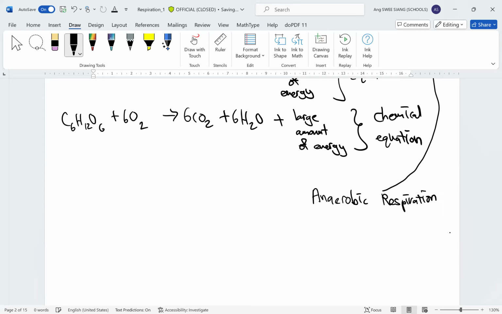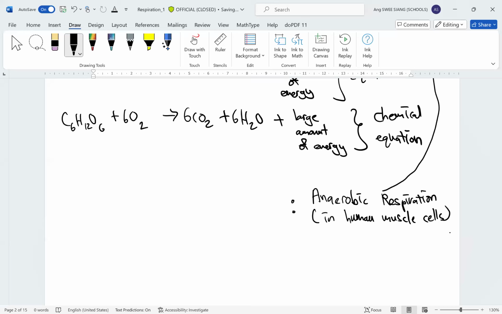There are different types of anaerobic respiration. For your syllabus, we are looking at the anaerobic respiration that happens in the human muscle cells. Can someone tell me what is the equation?